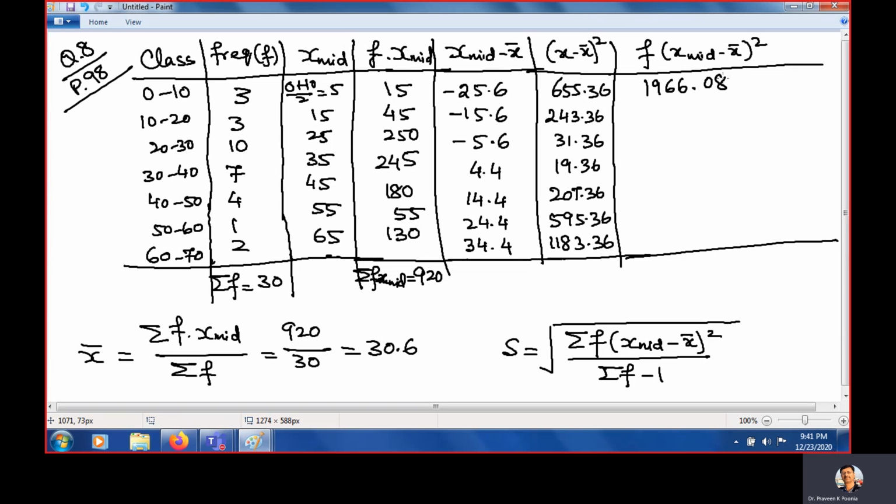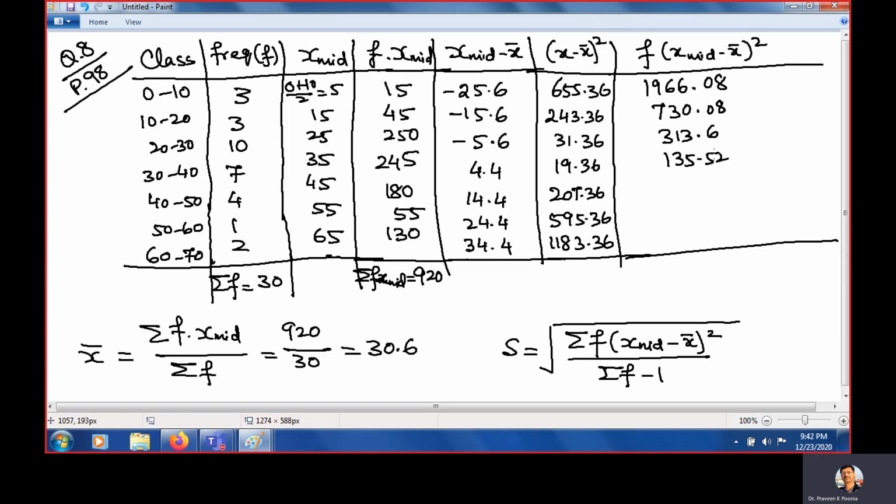Then 243.36 multiplied by the frequency again 3 is 730.08. Now again f is 10, so it is simple, 313.6. Now again 19.36 multiplied by 7 is 135.52.